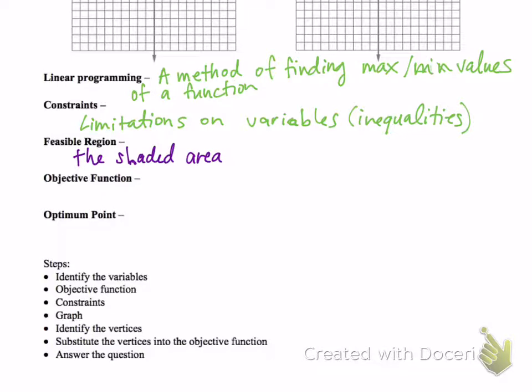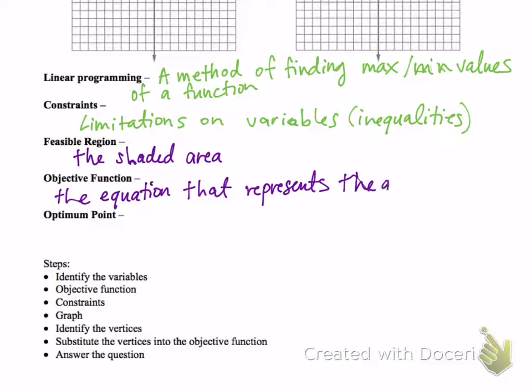The objective function, that is the equation that represents the goal of the problem. So you're always trying to do one of two things. You're either trying to maximize profit or you're trying to minimize cost.